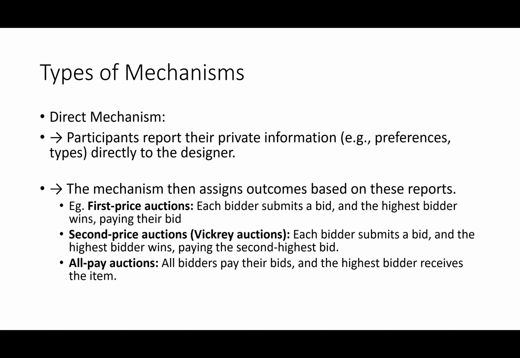So we look at the second one, which is also another example. We have the second price auction, right? The second price auction, which is the Vickrey auction, is the type where each bidder submits a bid. So Grace says 15,000, Eric said 1,000, Charles said 500.